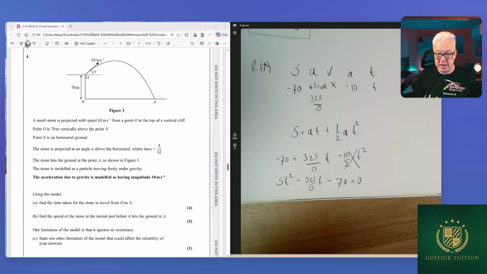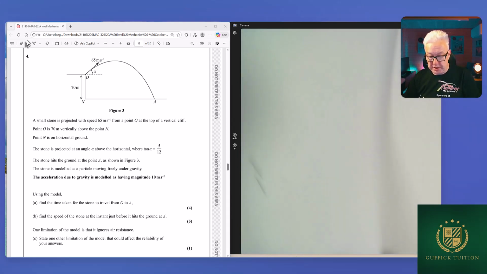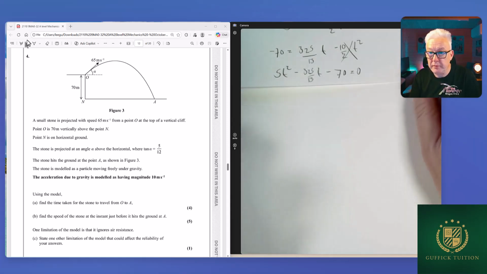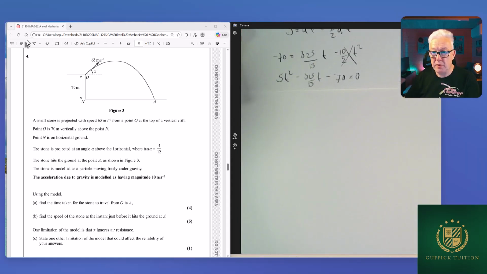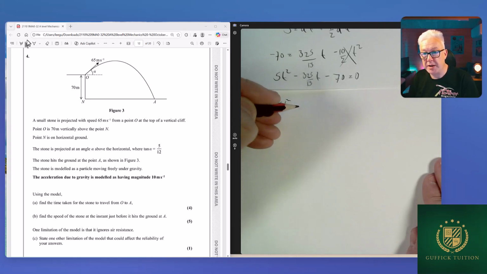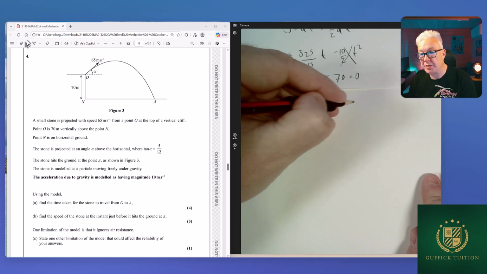Let's have a look and see what this 325 divided by 13 is: 25. That's quite nice actually. So let's simplify our quadratic that we're about to solve. This is the same as 5t squared minus 25t minus 70 equals 0.